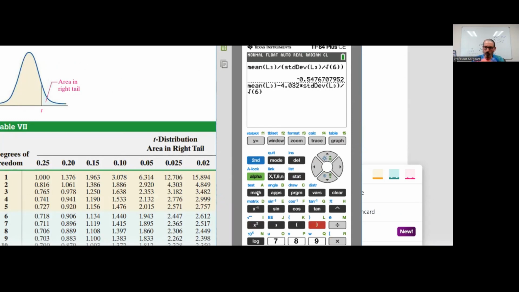Now, since you're not seeing me type in the numbers here, remember I said S over square root of n was going to be between 2 and 3. And we're subtracting that from D bar. So I'm expecting something between -3 and -4 for a lower bound. Oh, I forgot about the multiplication by the t-value.